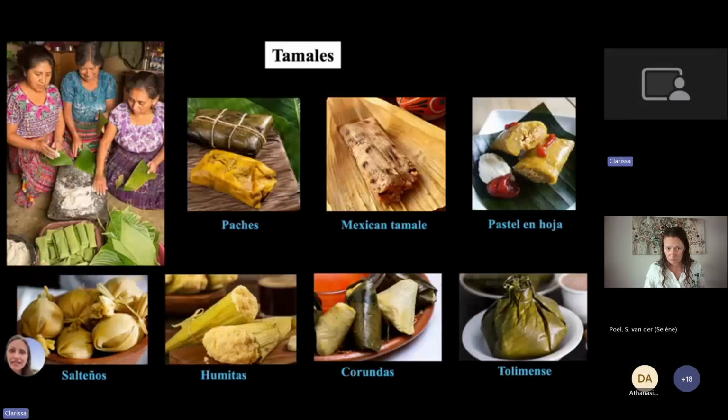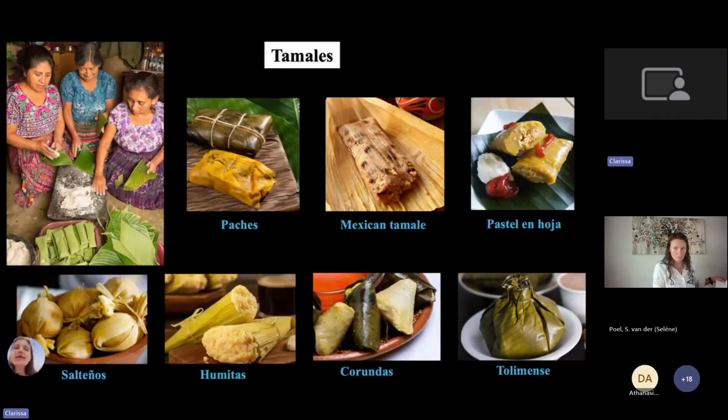So my hypothesis is that some of these amorphous carbonized objects are actually tamales. Tamales today are consumed across Central America and South America for different occasions, even for daily consumption, but also for special events. And for those that don't know what tamales are, they're mostly typically made from maize flour.